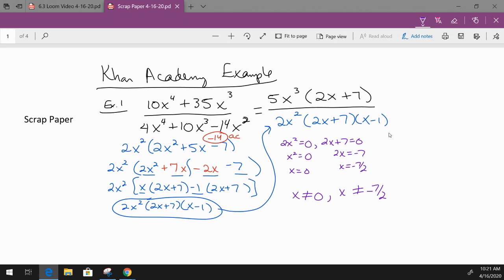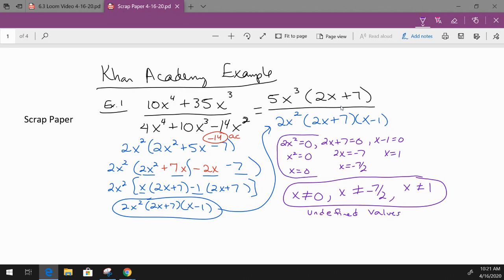And then your third factor here is x minus 1. So if we say x minus 1 equals 0, what value of x is going to make that equal to 0? If you add 1 to both sides, you would get x equals 1. But again, we don't want x to equal 1 because that would make the denominator 0, or it would make the whole thing undefined. So x cannot equal 1. So all three of these would be your undefined values.